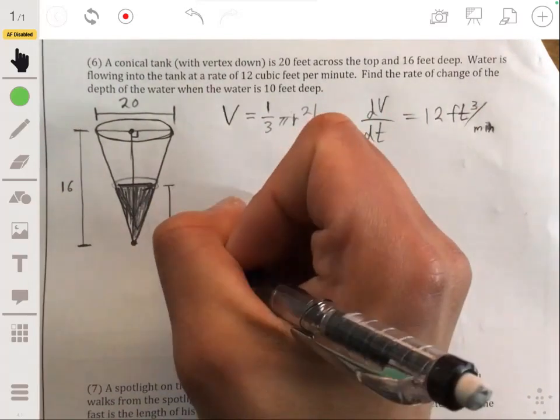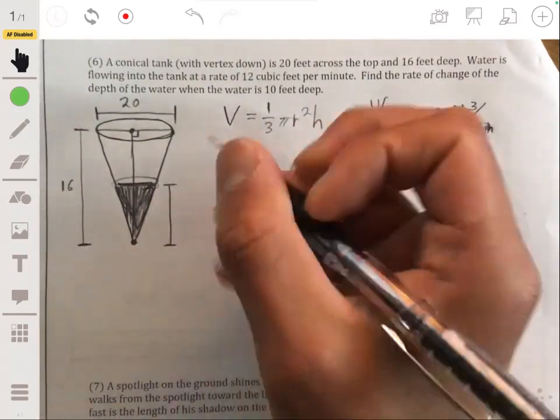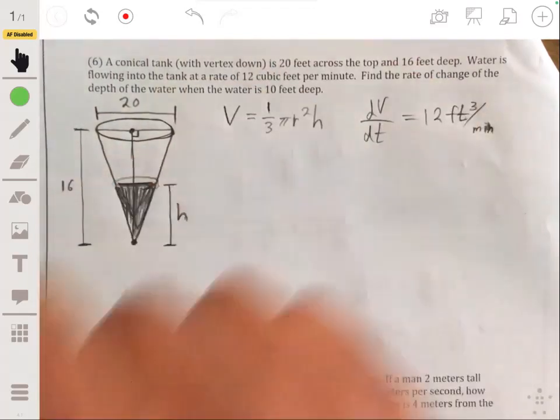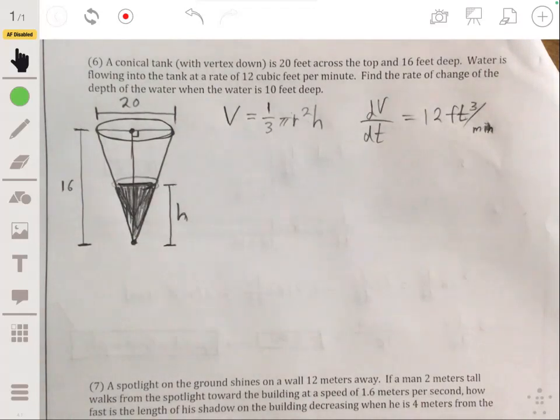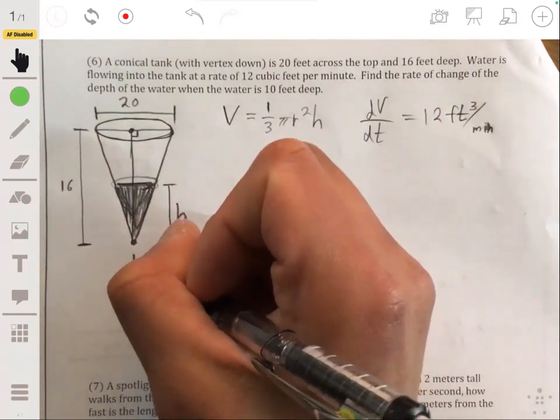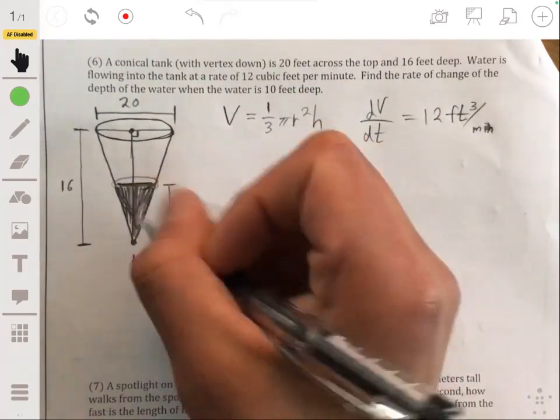So the length from here to here is a variable, and we're going to call that h. That's going to be the height of how much of the cone is filled at a certain moment. And then r will be the radius of this shaded portion.